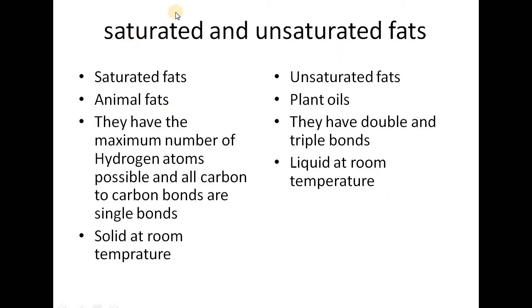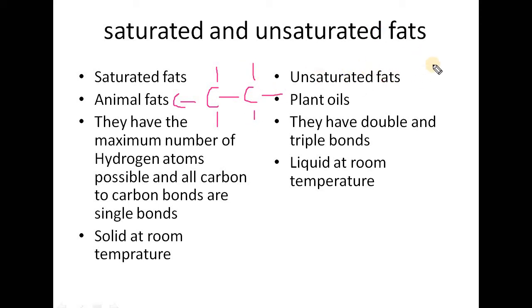We have 2 types of fats: saturated and unsaturated. How do saturated fats differ from unsaturated fats? In saturated fats, all the bonds between carbon atoms are single bonds.